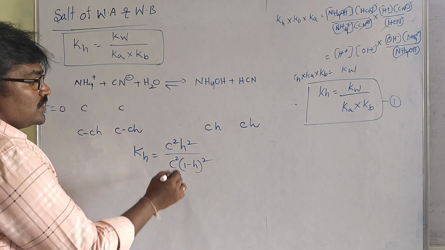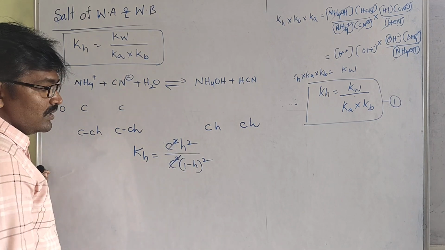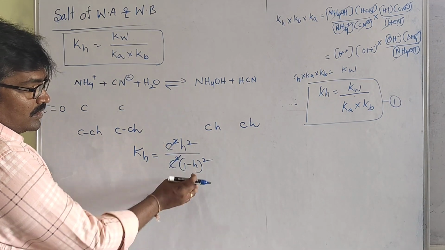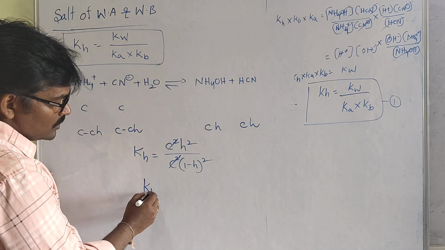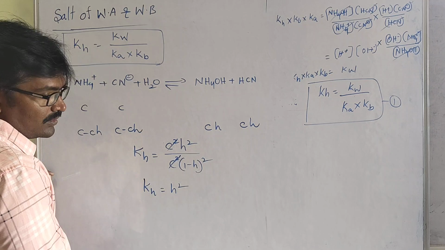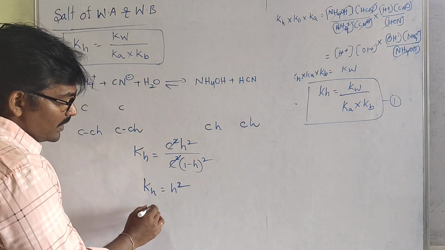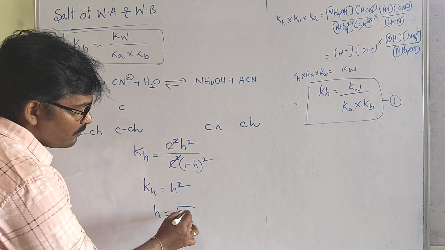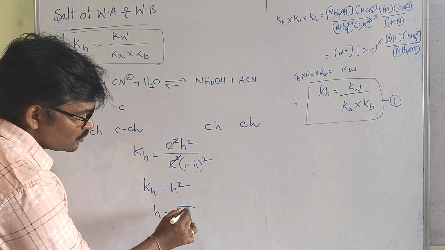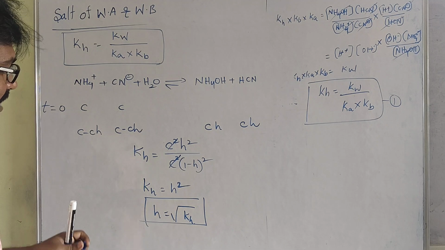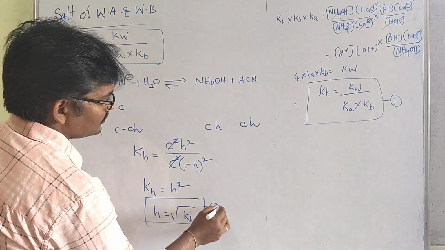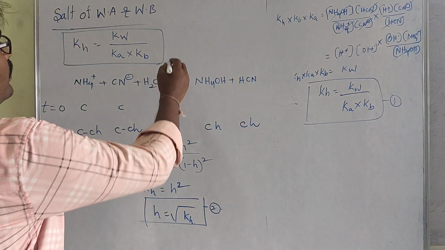Now C square cancels with each other. Then this term becomes negligible. Then KH equals h square, so h equals square root of KH. This is equation number 2. Take it. This is equation number 1.